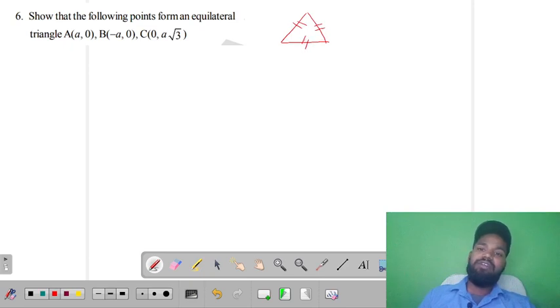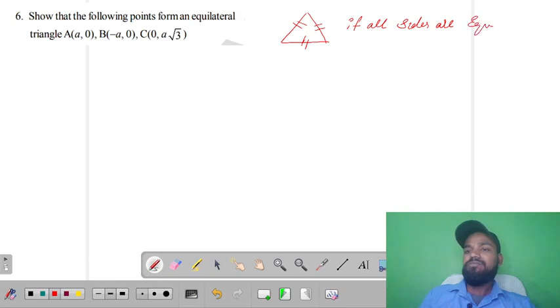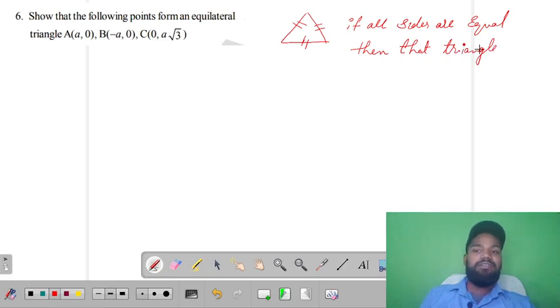If all sides are equal, then that triangle is said to be a right angle triangle.